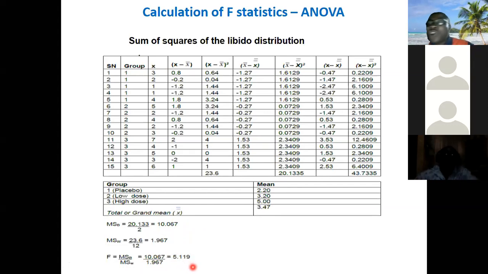The degrees of freedom also, you have to check in 2 ways. If you are to use the statistical table, you have to check the degrees of freedom for within and between. So the degrees of freedom 2 and 12, you go and look at where they meet, and you look at the critical value.